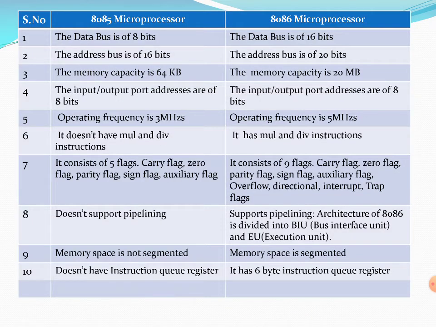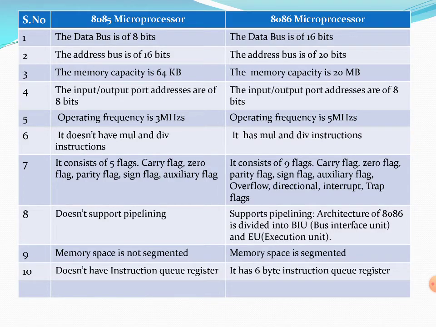So revising, the 8085 microprocessor is an 8-bit microprocessor, whereas 8086 is a 16-bit microprocessor. Number of data lines 8, and here the number of data lines is 16. Address bus width in the 8085 is 16 and the address bus width in the 8086 is 20.